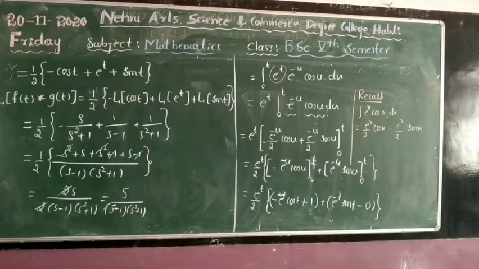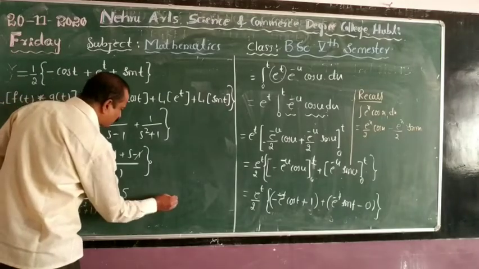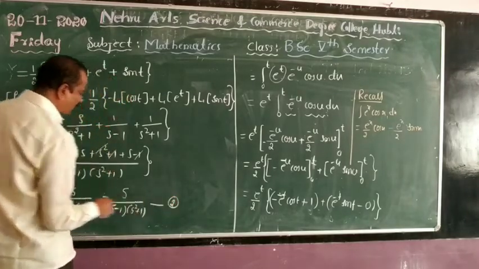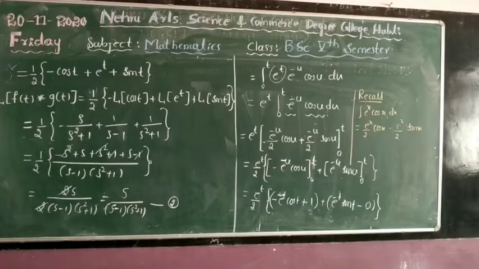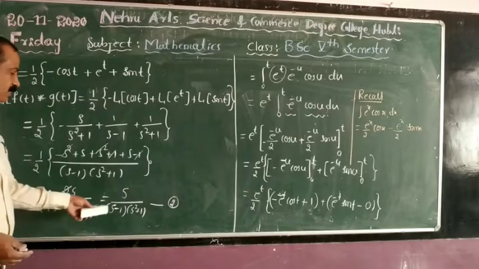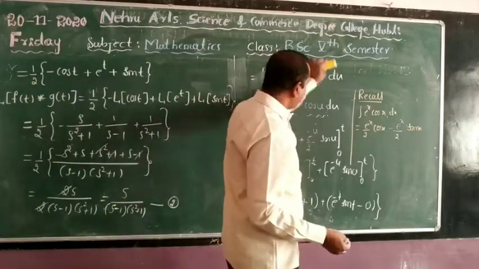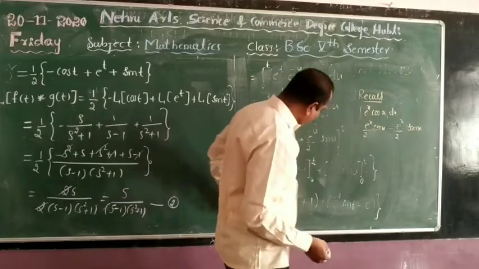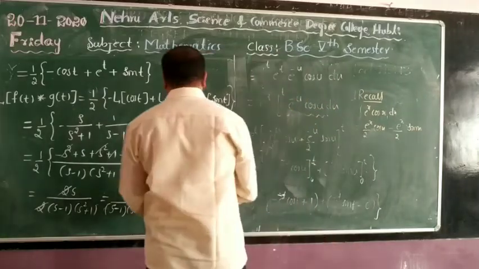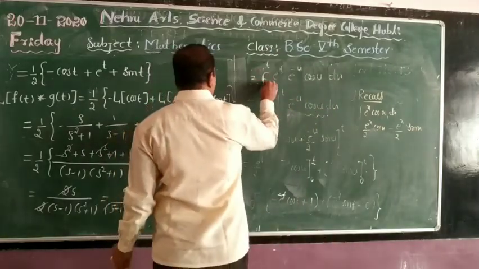So call this expression 2. So this is the left side of the convolution theorem. Already the right side of the convolution theorem is the same result. We wrote that as 1. So the convolution result you may get very easily because both the RHS and LHS are same.